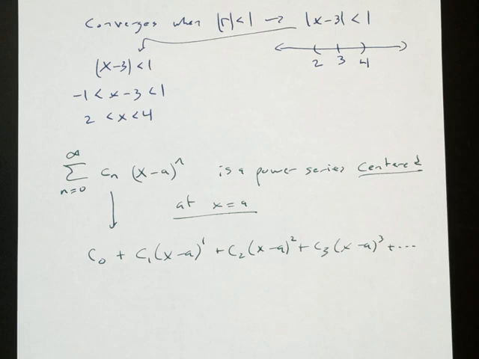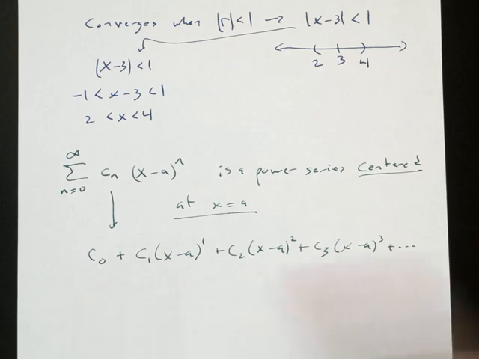Remember that our question was, what values of x make this converge? I guarantee you there's at least one value of x where that power series must converge. What happens if you plug in x equals a?